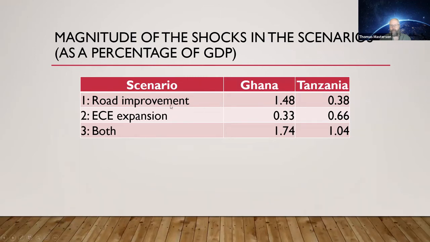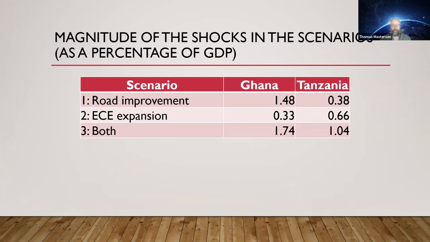The road improvement in Ghana would be 1.5% of GDP in terms of the outlays by the government. ECE expansion would be 1/3 of 1%. And so if we did both, it'd be about 1.75%. For Tanzania, a bit less for road improvements, about 0.4%, 2/3% for the childcare, and a little over 1% for both.